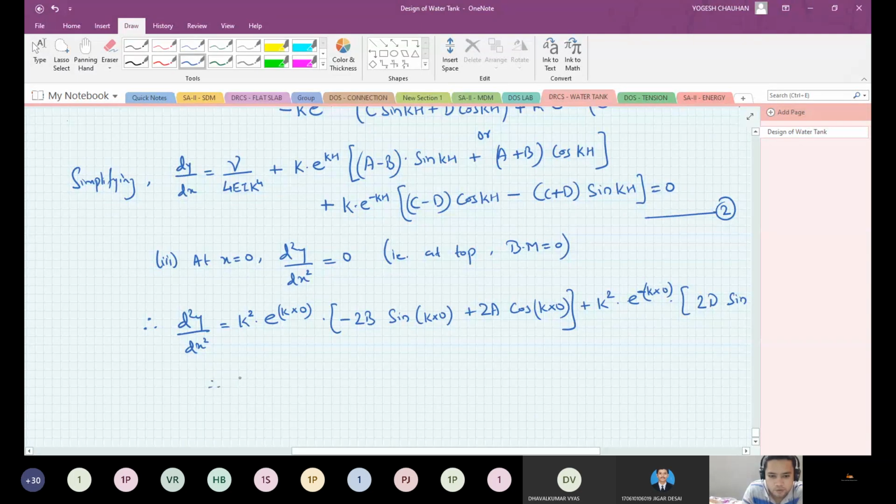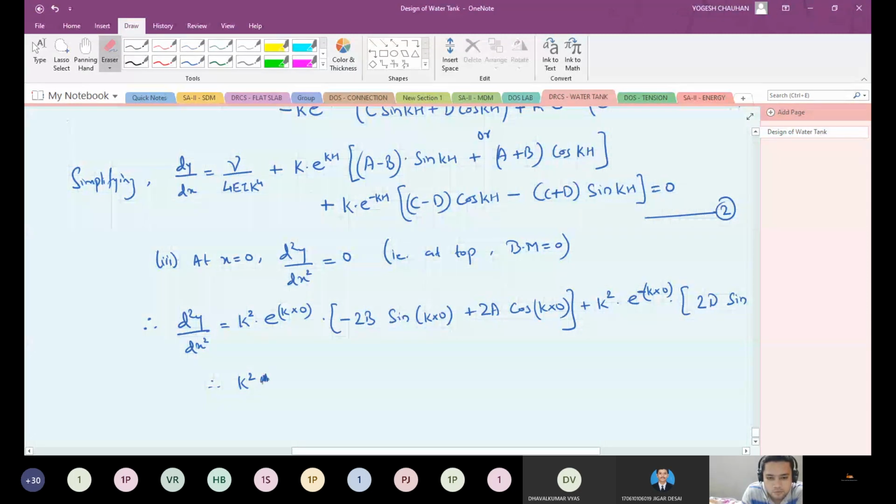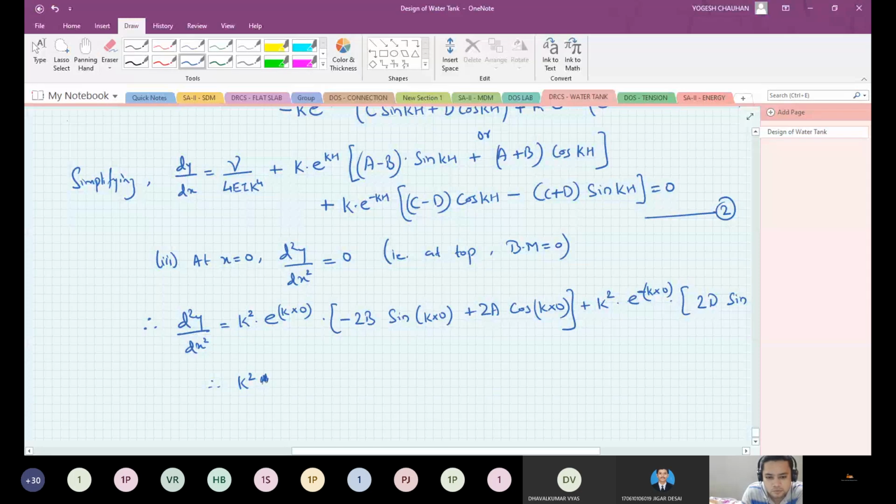Therefore, k square into e raised to the power 0, which is 1, then minus 2b, now sine 0 is 0, so this term becomes 0.